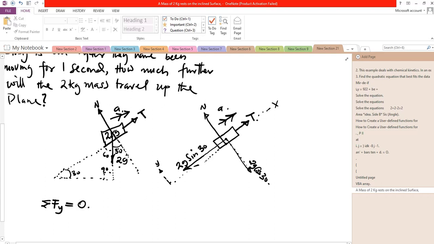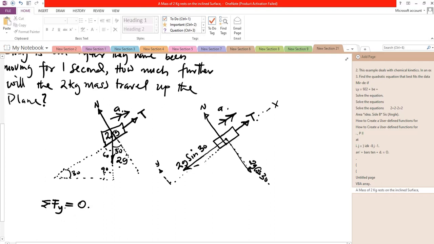There is no acceleration along the vertical axis because the thing is on a plane and it does not move up or down the plane. So the summation of forces perpendicular to the plane is 0, because the object is not jumping up off the plane or moving into the plane, so it's just on the plane.